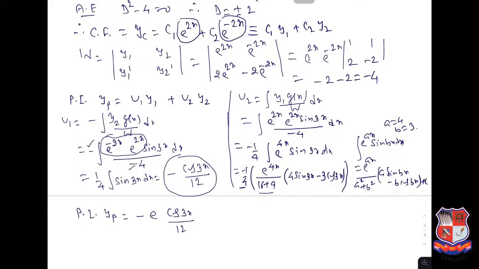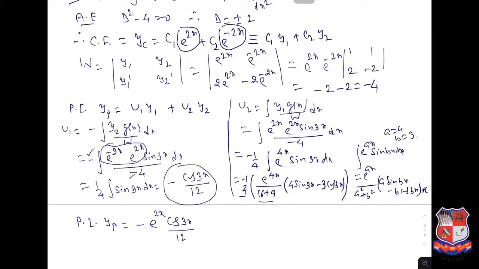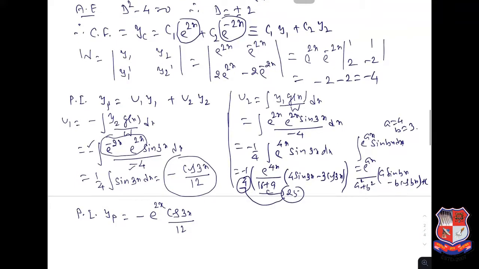Okay, so that is our u1 y1. Then u2 y2. So this is 25, and multiplied with this 4 it becomes 100. Care must be taken, the minus sign is also there, so that we also need to take care of. So this one is u2 and this one is y2. So minus sign is there, then 1 upon 100, 25 times 4. So 100. Then y2 is e power minus 2x.